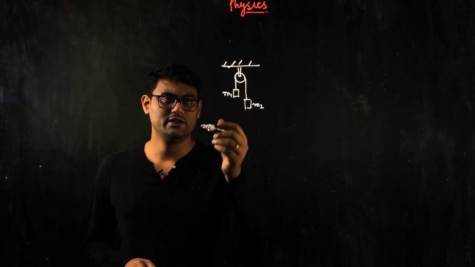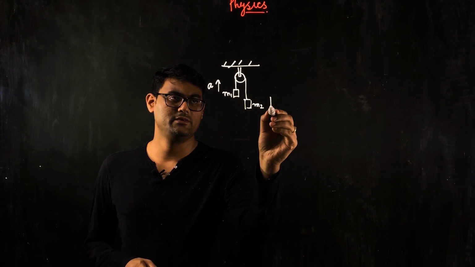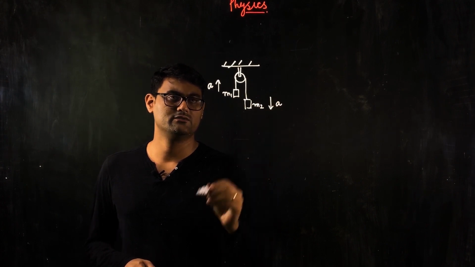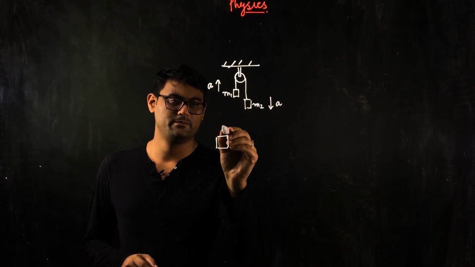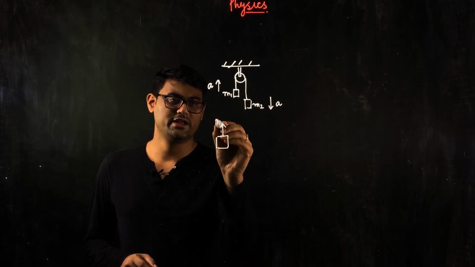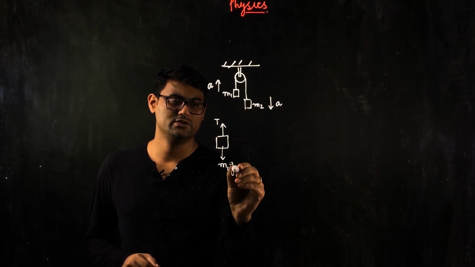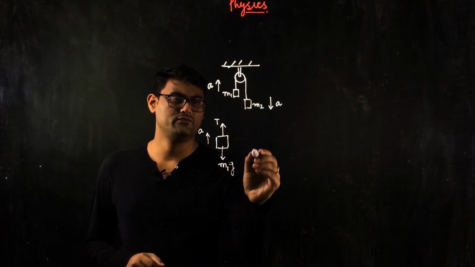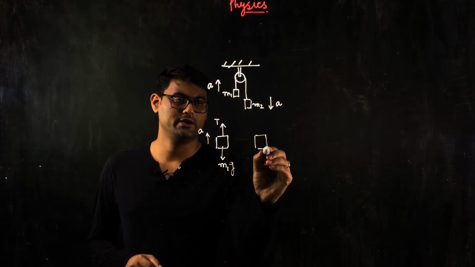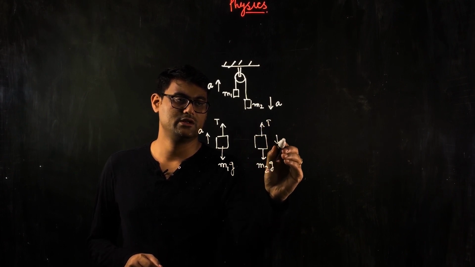To understand this trick, let us first calculate the acceleration and tension in this common problem. Let us assume this acceleration is upward A, and similarly this acceleration will be downward A. So I can draw the free body diagram of the masses separately. For M1 there is a tension T upward and a weight downward M1G, and the acceleration is upward A. Similarly for M2, upward tension T, downward weight M2G, and the acceleration is also downward.